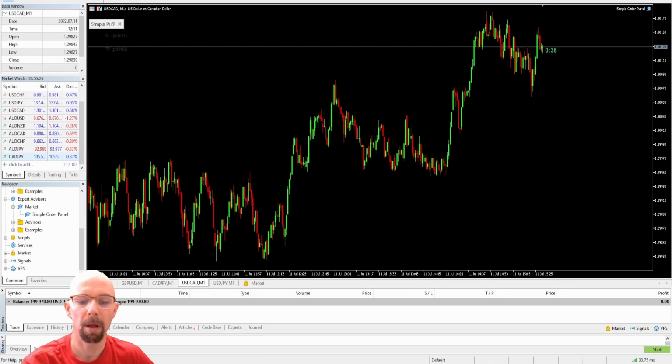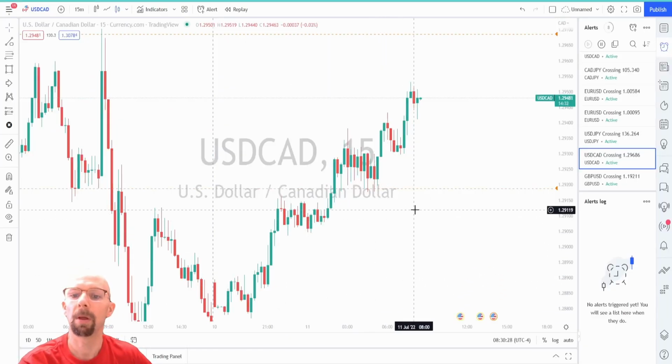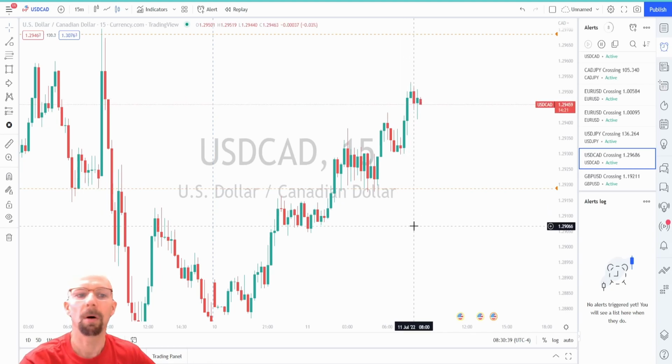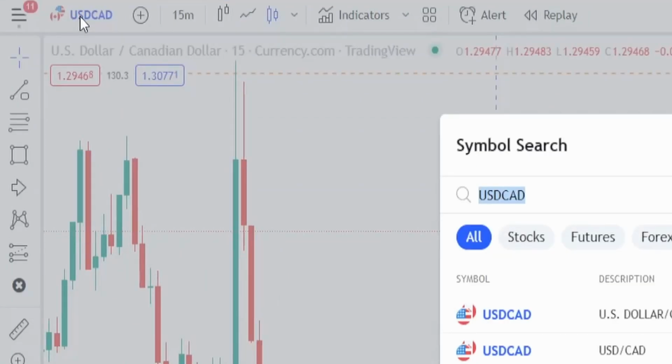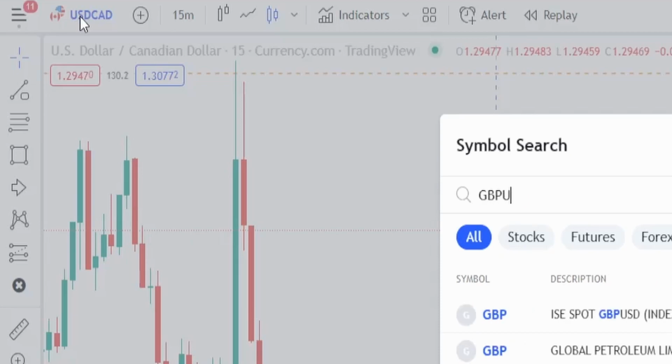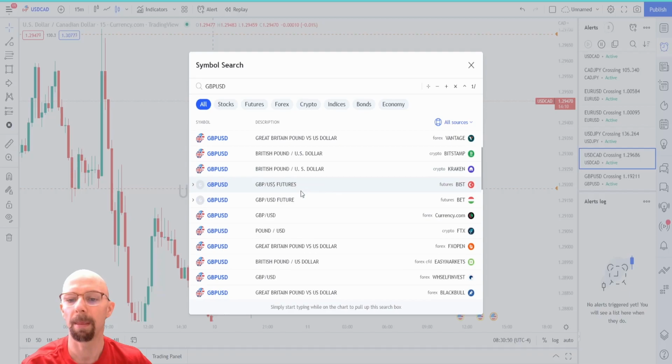But how can we make this a little bit simpler for us? Most of us will likely go back to the charts through the day during the session that we watch the charts. And what I would normally do is I would go up to the left-hand corner here, and I would choose the broker that correlates with my MetaTrader.